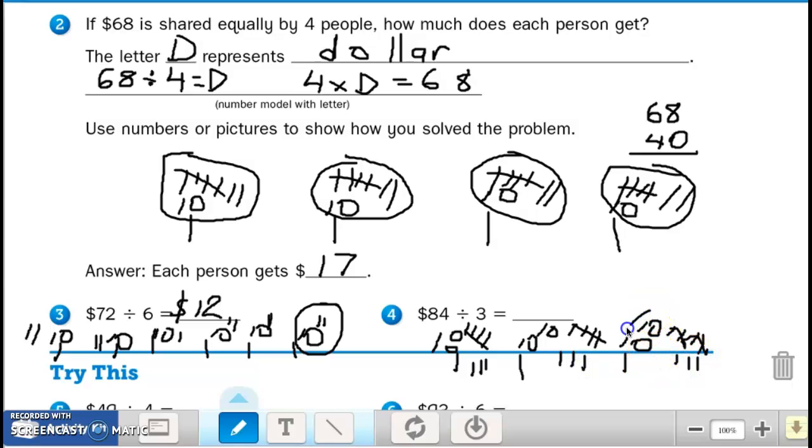So each person is going to get 2 10s and 8 1s. How much is 2 10s and 8 1s? That would be $28.